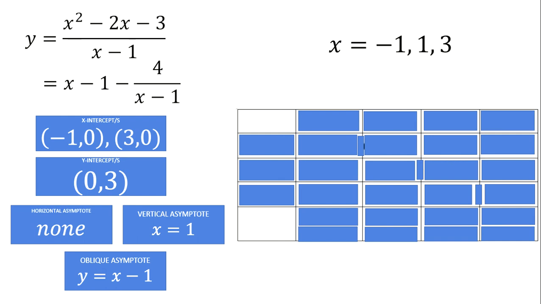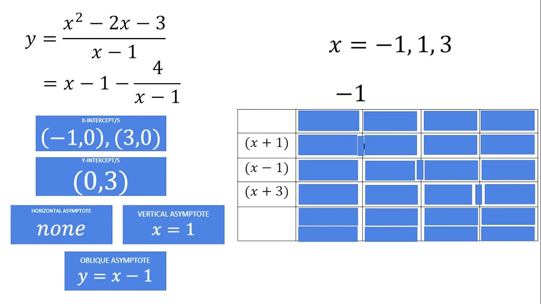Then for the next one, again, the sign table, we have here three critical values. For the denominator, that's 1. And for the numerator, if we get the values of x here, we have negative 1 and 3. Again, we need to put our critical values on the number line in increasing order. So three critical values, four intervals.